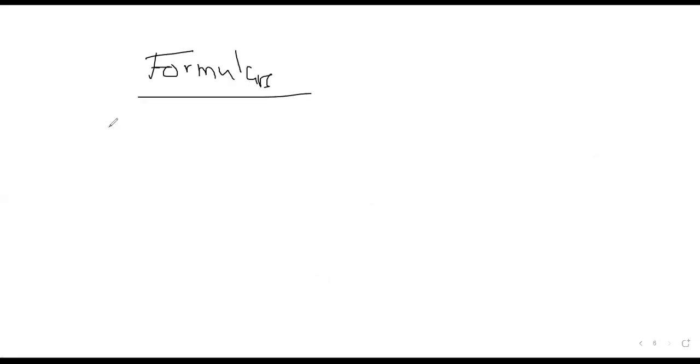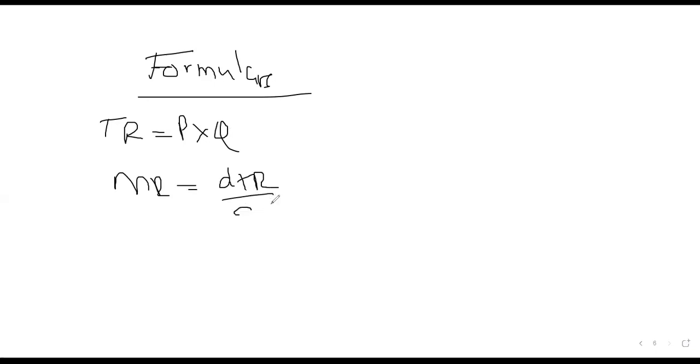So if you have total revenue is equal to price times quantity, the marginal revenue is called the TR over the Q. When we equate the marginal revenue to 0, we are maximizing revenue. Total cost is a function which is given by total fixed cost plus total variable cost.